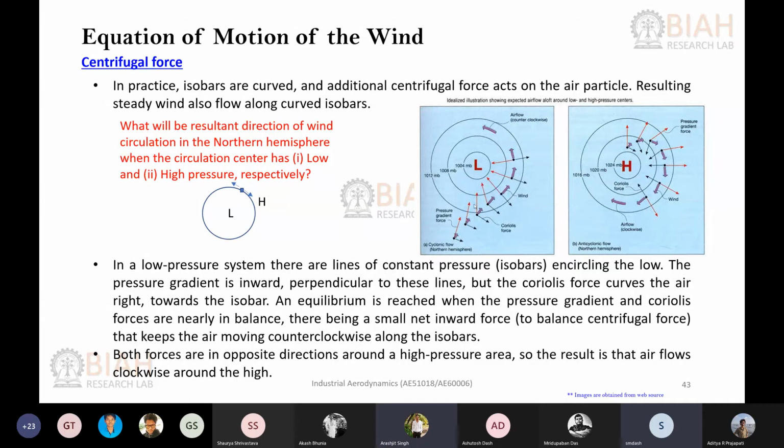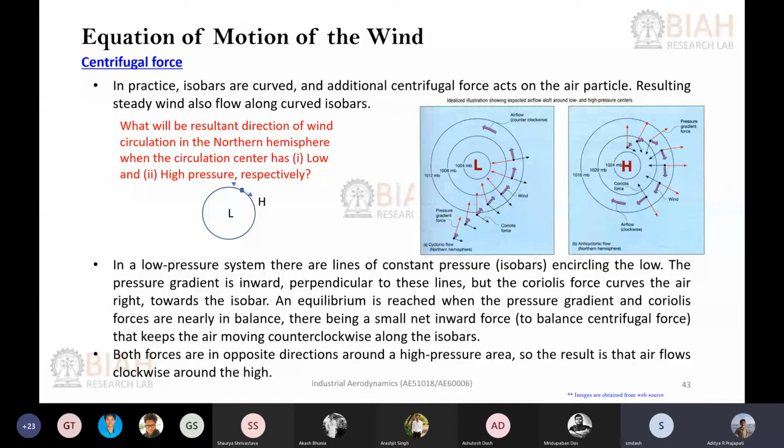Let's focus on this one. And the Coriolis force will act perpendicular to this, along this direction, because it is in the northern hemisphere. It will be in the opposite direction if it is in the southern hemisphere.